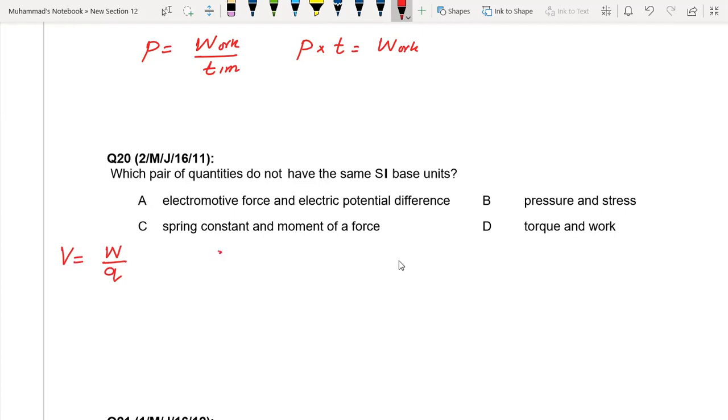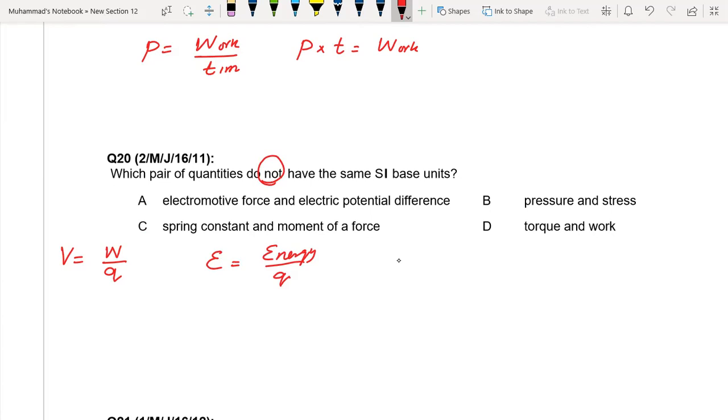And electromotive force is also defined as energy per unit charge when energy is transferred from other form to electrical. So these two have the same SI base units. We have to look for those that do not have the same base units. So A is not our option.